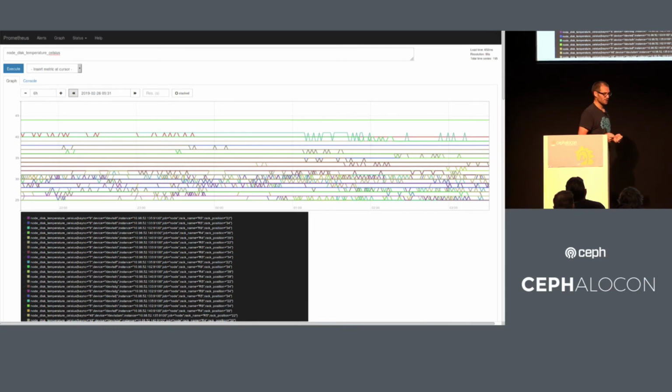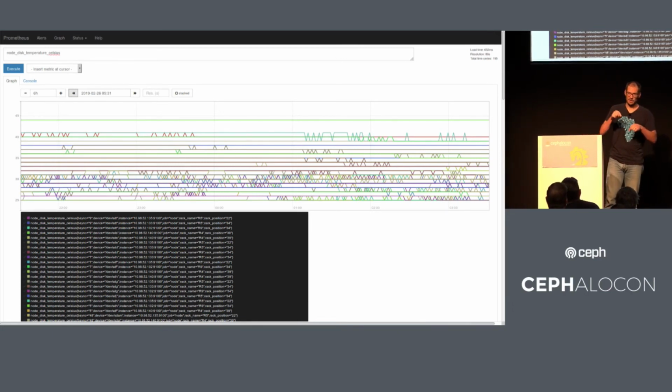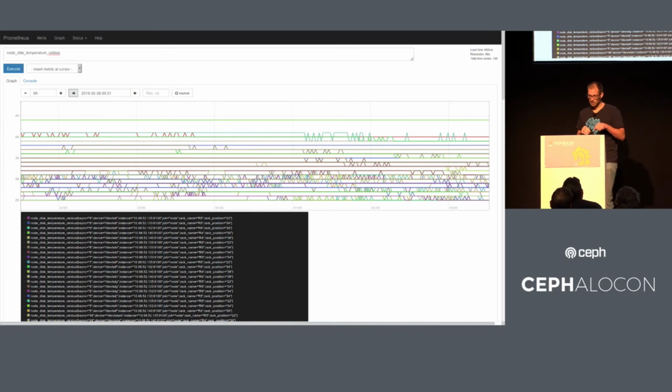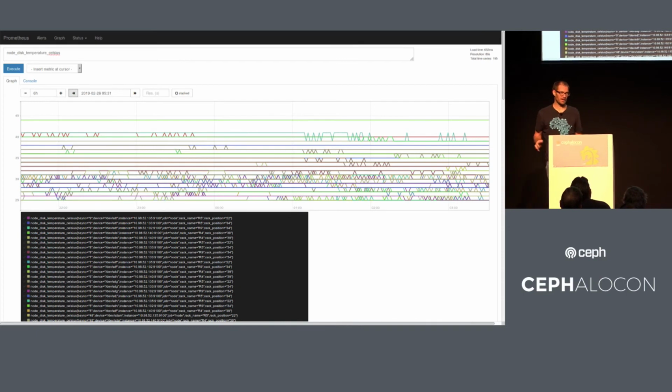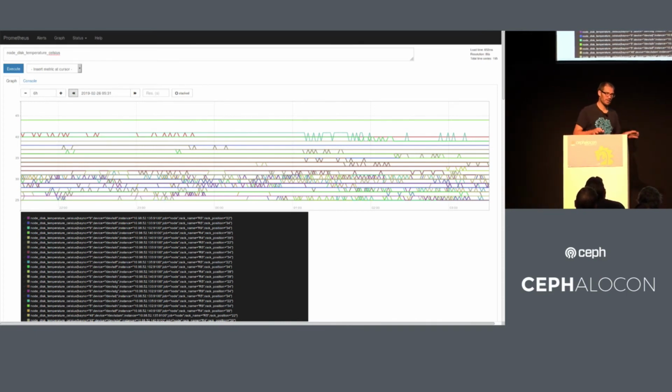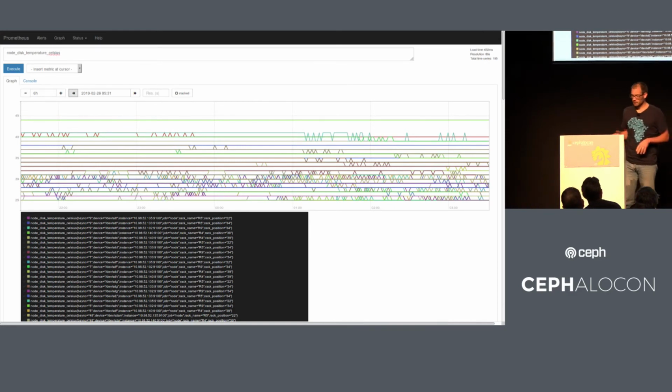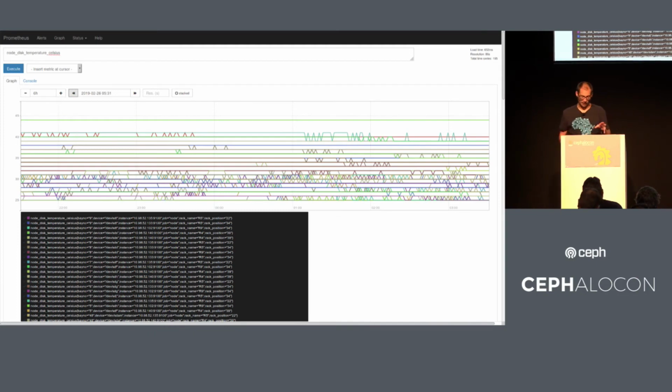So we had the need to know the exact temperature of each, not the need, I think it's more like an itch we had that we had to scratch. And we wanted to know the exact temperature of each single drive in our whole cluster so that we could start drawing heat maps and getting ideas. So in the end, with a little bit of Python scripting and the three of us just climbing in, we were able to very quickly develop just some added labels to the Prometheus metrics that could tell us the bay number, the current SD of blocks, and so forth.